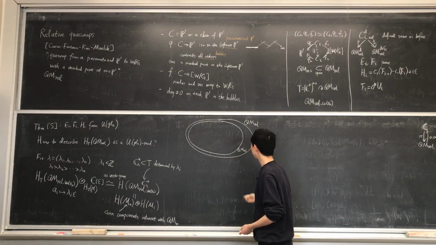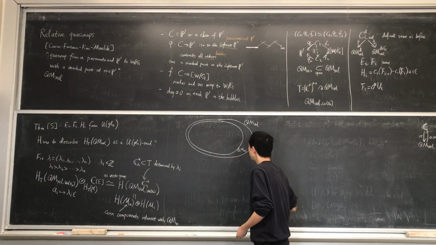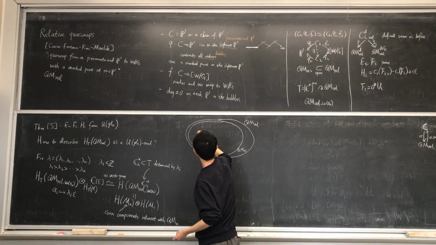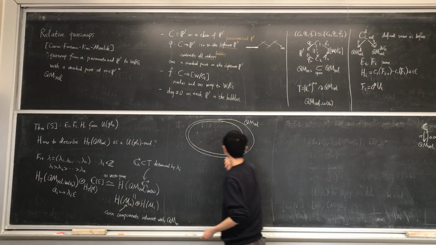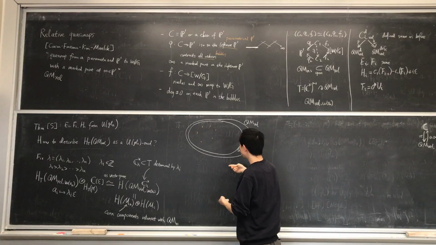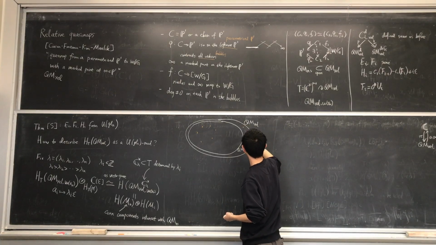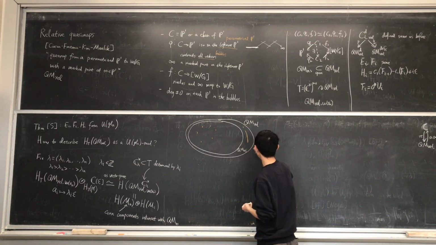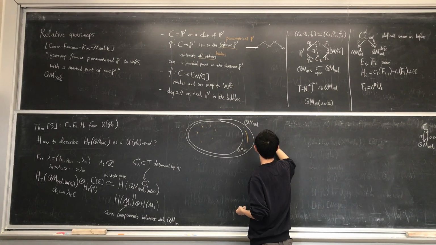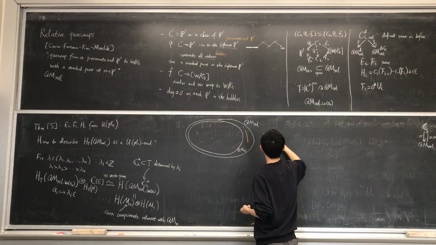When you take the T fixed points, we know that non-singular quasimaps have isolated T fixed points, and the relative quasimaps might have isolated points, or might have some connected components.